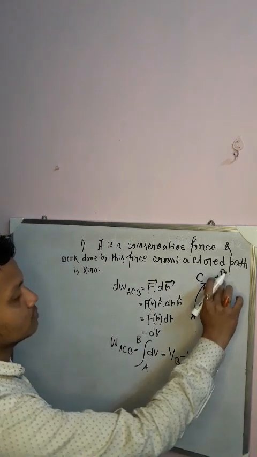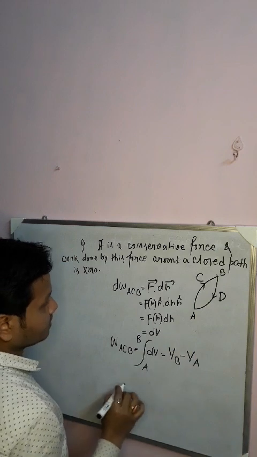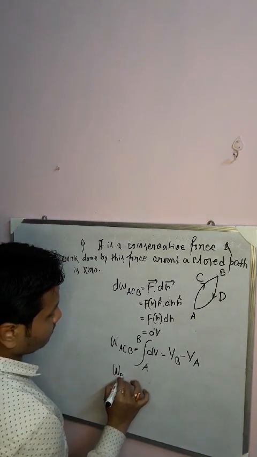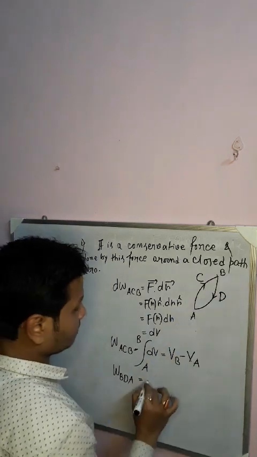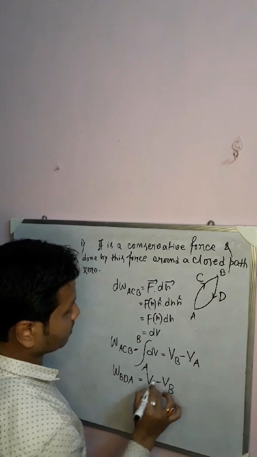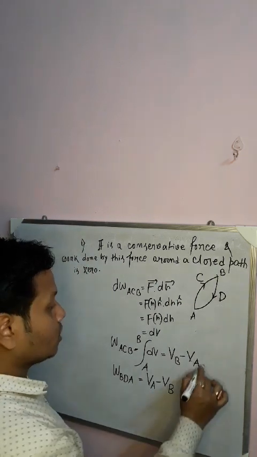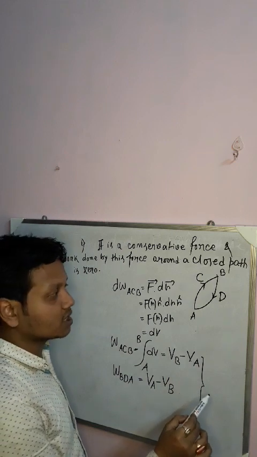Now, if you take the particle back from B to A via the path BDA, then similarly, the initial position is now B and the final position is A. So what we conclude from this is that the potential energy is only a function of r.